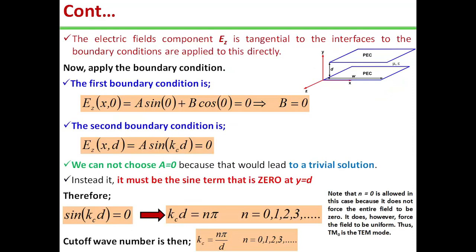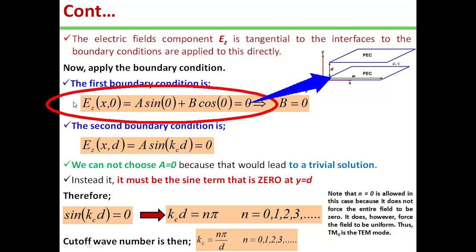Now we apply the boundary conditions to find the constants A and B. The electric field component is tangential to the interface, so we can apply the boundary condition directly here. The first boundary condition is applied at the bottom plate, that is y equal to 0.